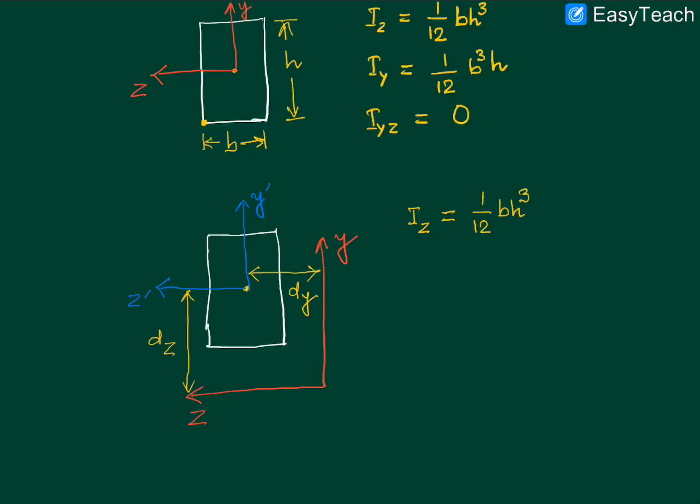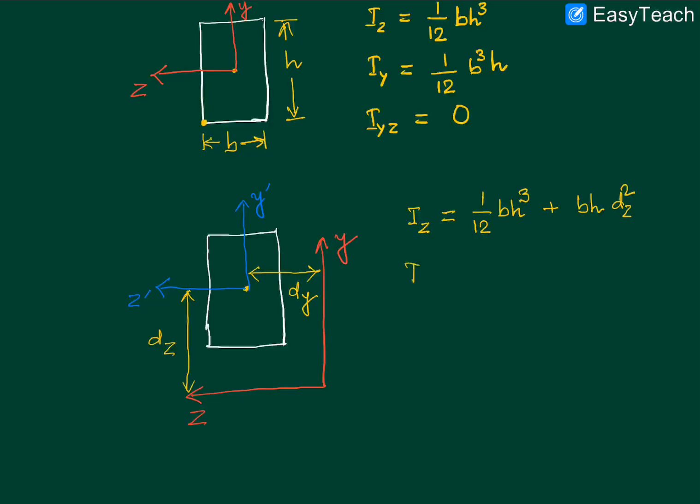So in order to find out the correct value of Iz with reference to the given axis, what we need to do is to use the parallel axis theorem, so that this will be plus the area of the rectangle, the area of the cross section, which is bh, times the distance between the z dash and the z axis squared, so this will be dz squared.